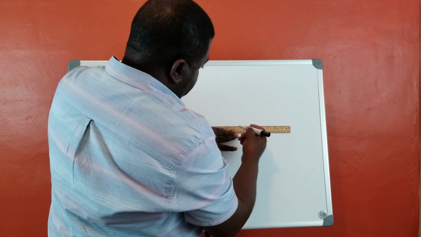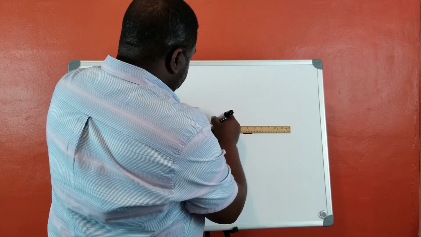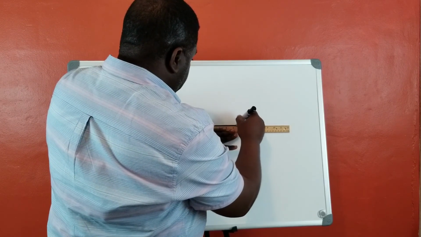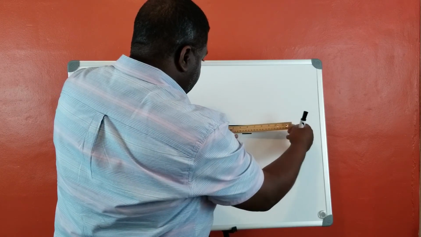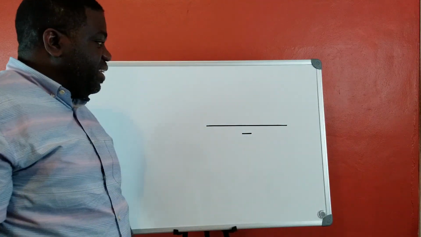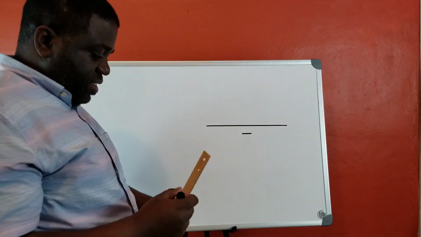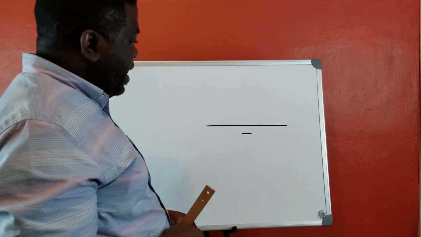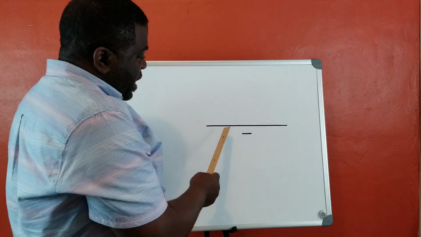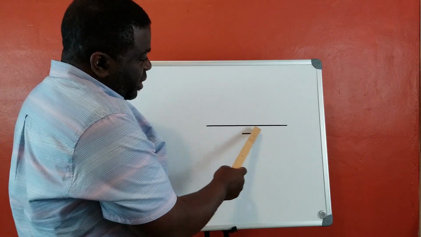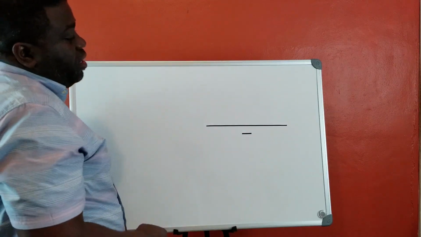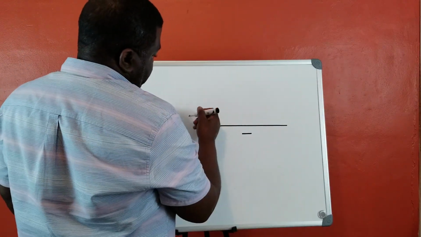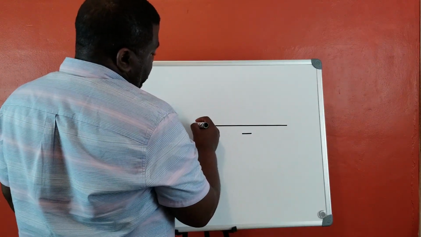So what I'm going to do here is draw this line. All right. Now, you see, we have this bottom line here, which is the bottom line of the treble clef. Let's do the treble clef for now.